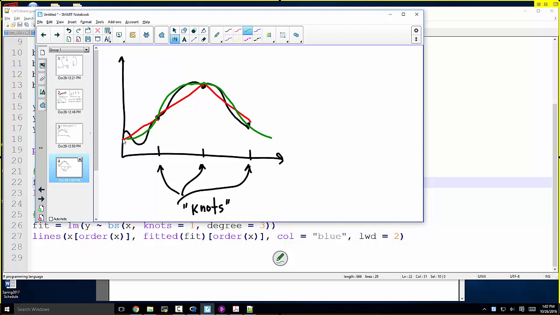So we might say the red curve is for degree equal 1, and the green curve is for degree equal 3.